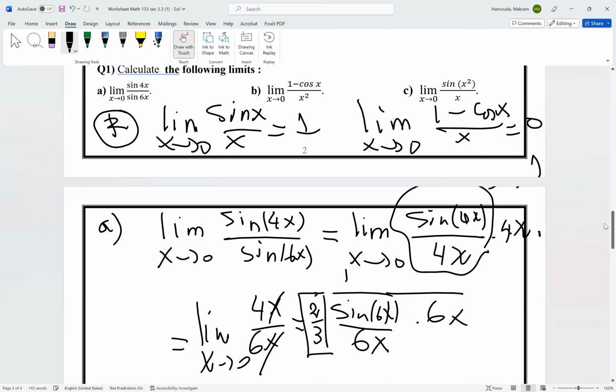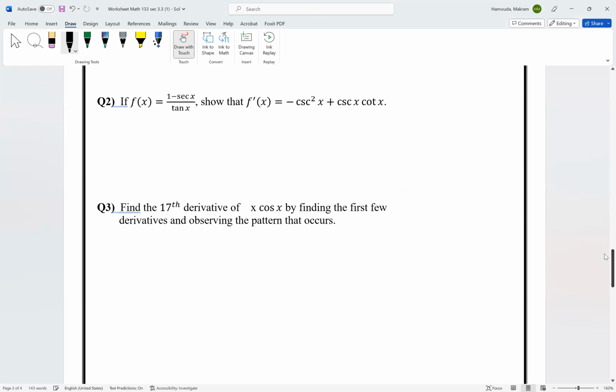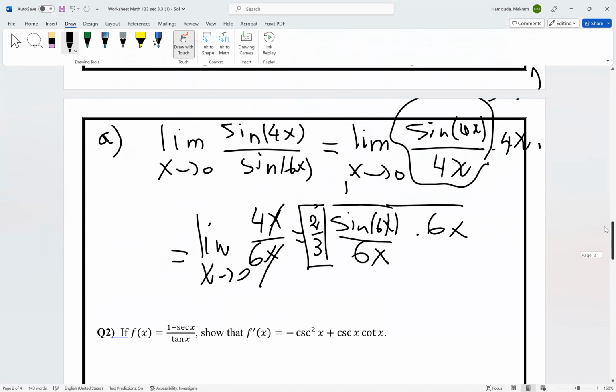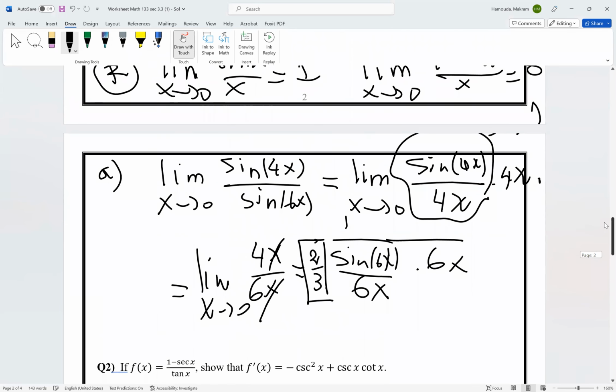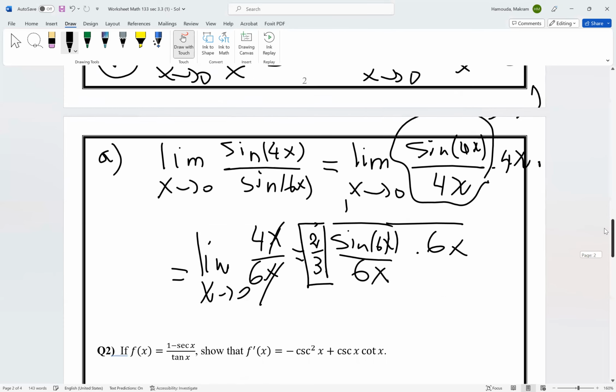Okay. Then number B. Number B, it's 1 minus cosine over x squared.